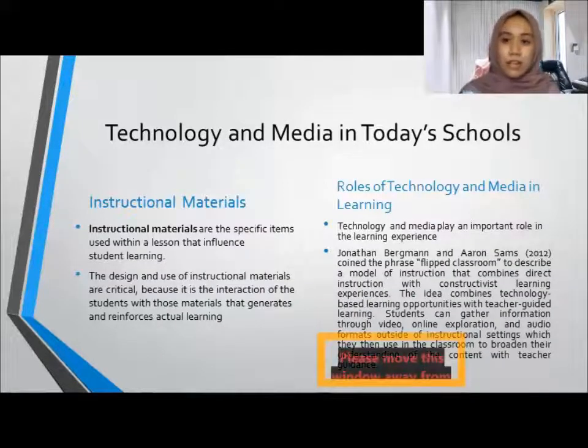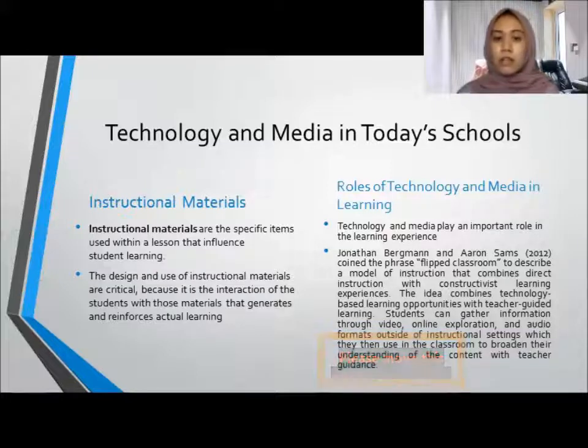Once the teacher determines a media format, they need to decide on the appropriate medium that they will use in learning activities, and that specific medium becomes instructional materials. Instructional materials are the specific items used within a lesson that influence student learning.